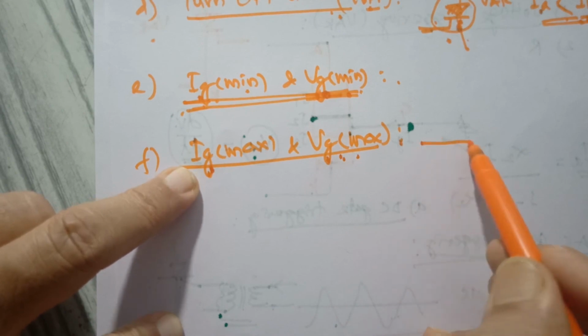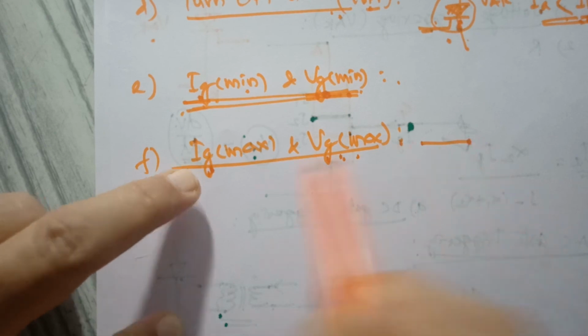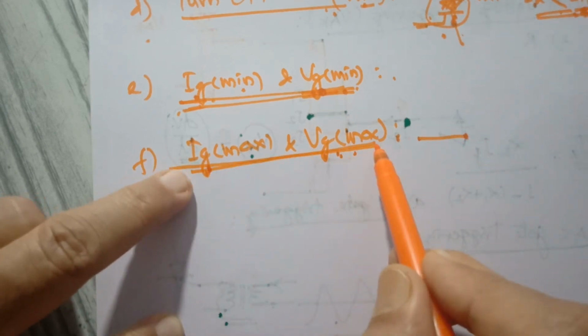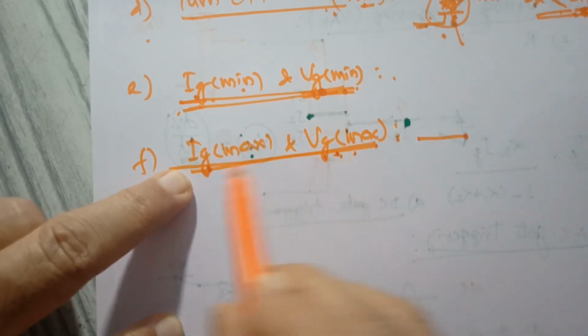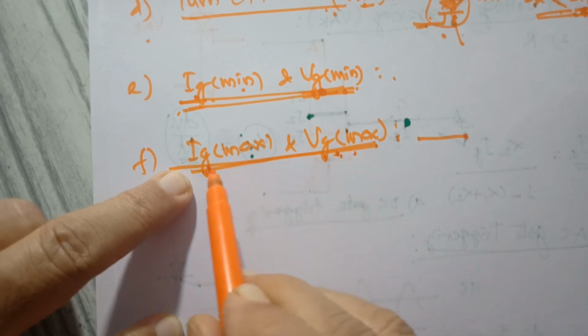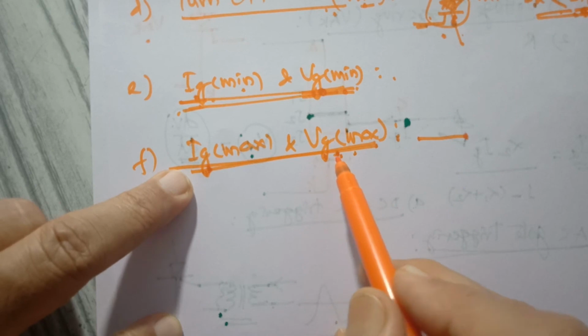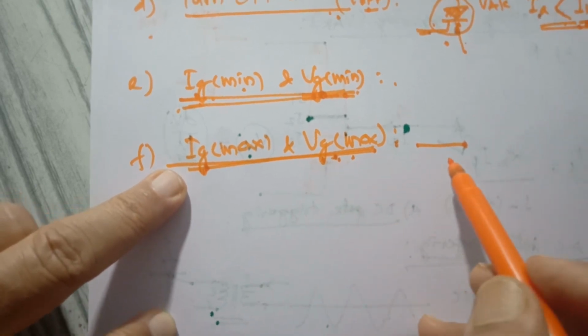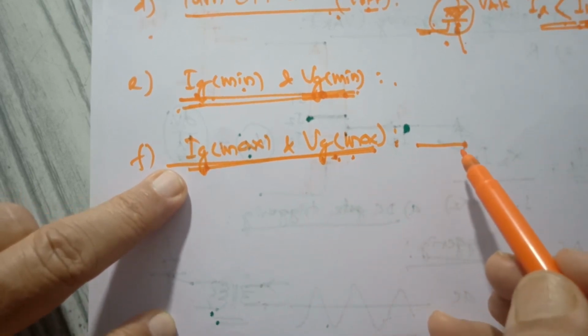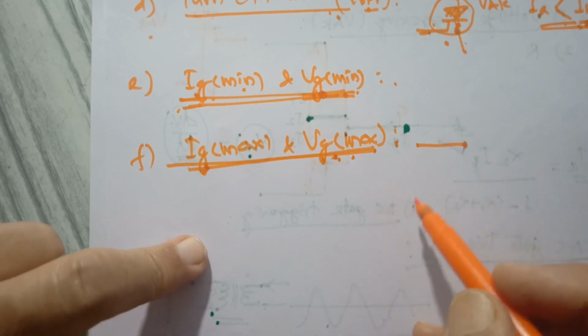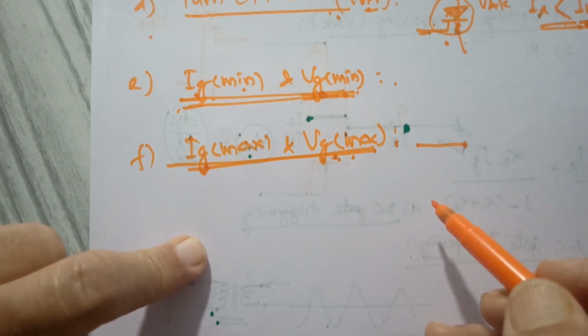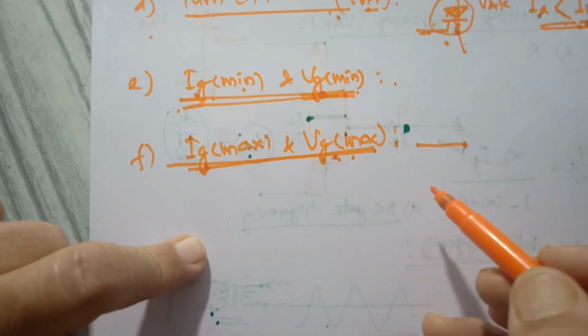That will destroy the SCR junction, and therefore in no case should the gate voltage and gate current cross this level. So this is IG max and VG max, the maximum value of gate current and gate voltage that should not be crossed. So these are various important parameters associated with SCRs.